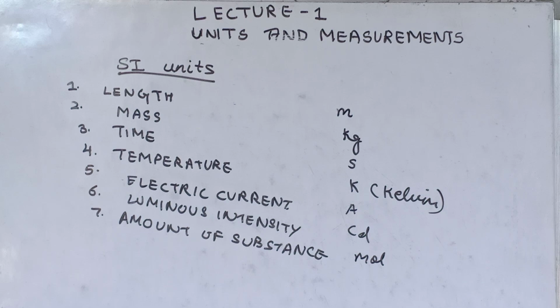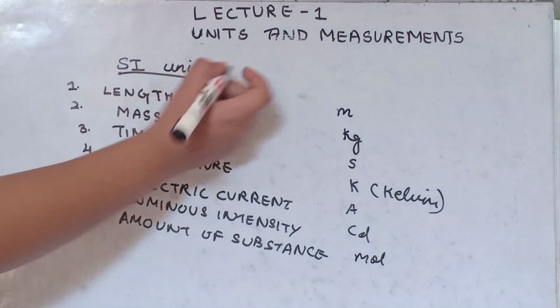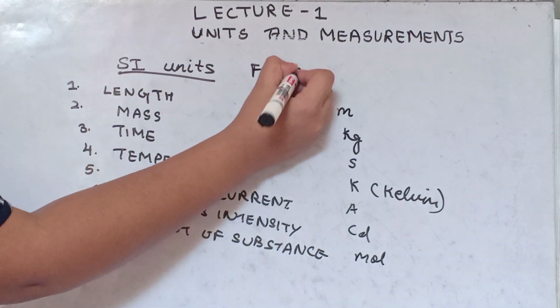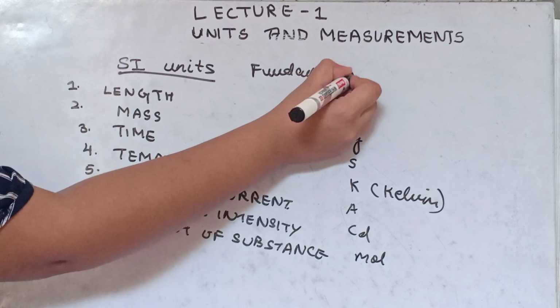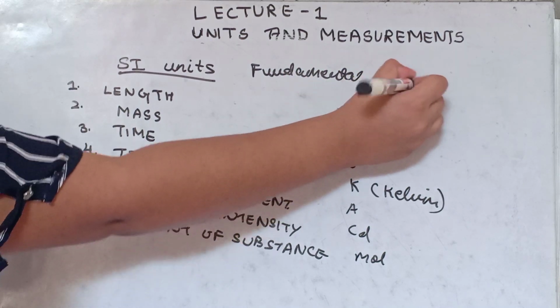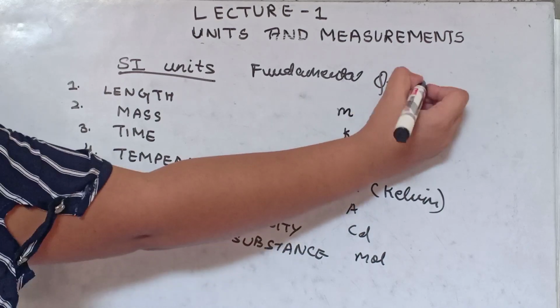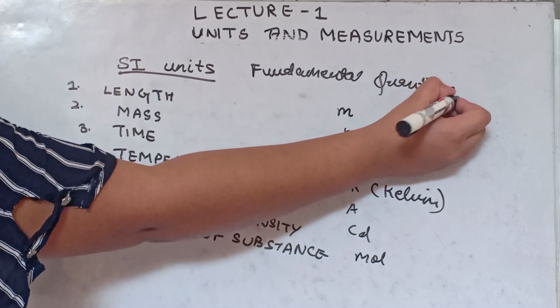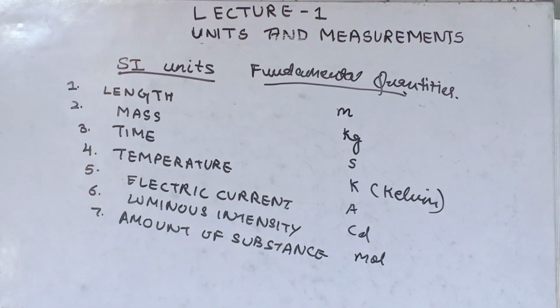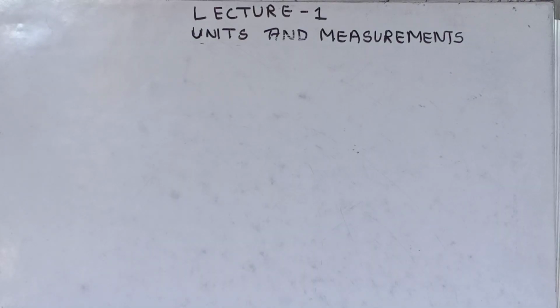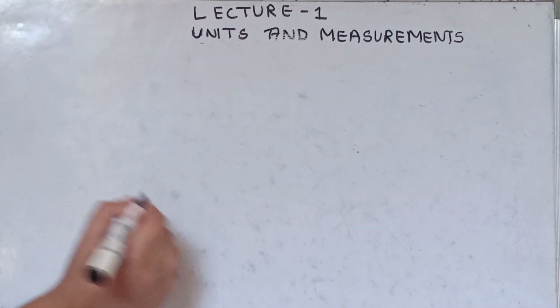Now these are the fundamental quantities. What about the angles? This system gives us the units for 2 angle measurements also, known as supplementary units.